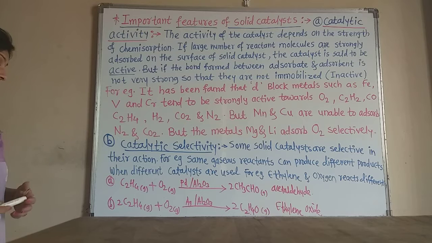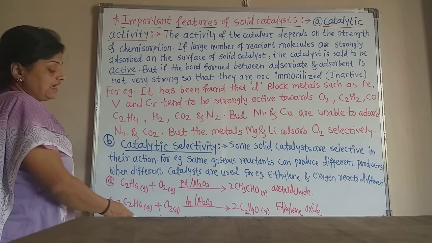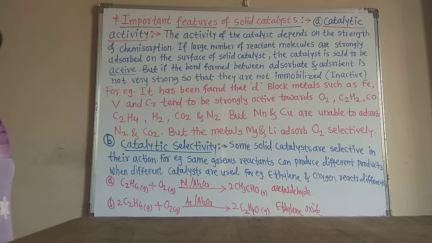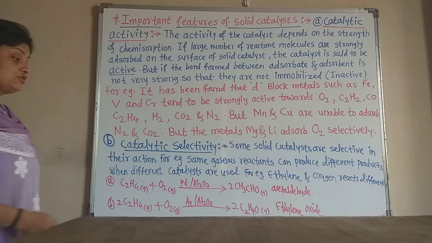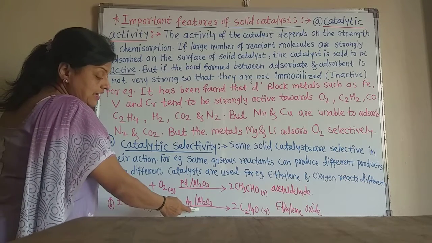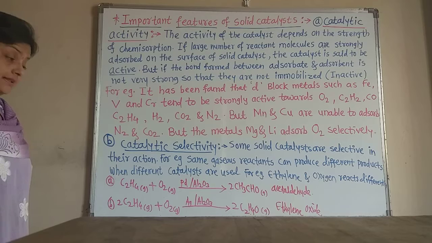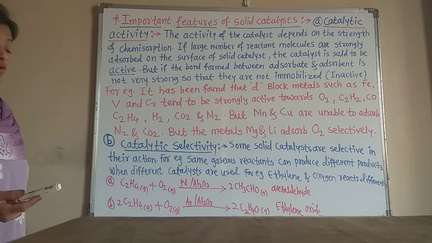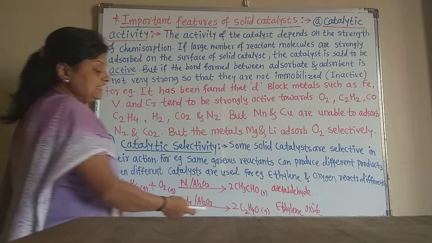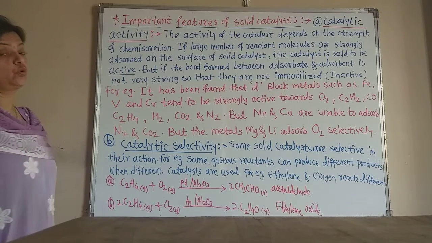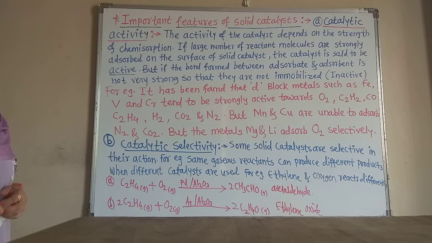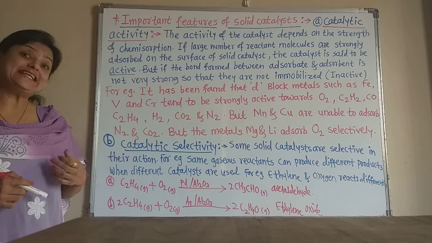But the same gases, ethene and oxygen, when they react on the surface of silver and alumina, form ethylene oxide, C2H4O gas. That means different products are obtained if we use different catalysts. Now this is about the catalytic selectivity.